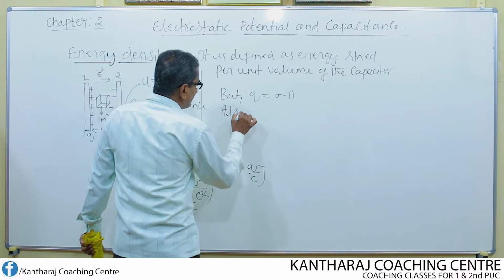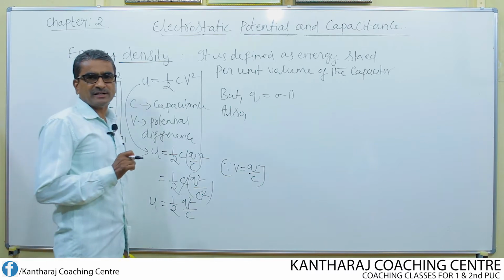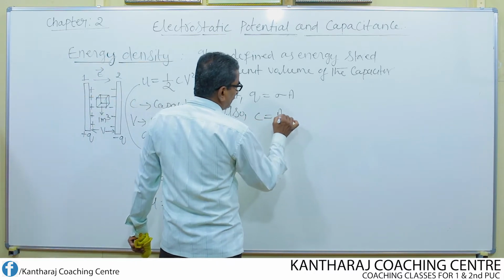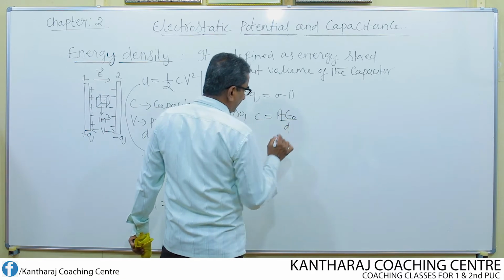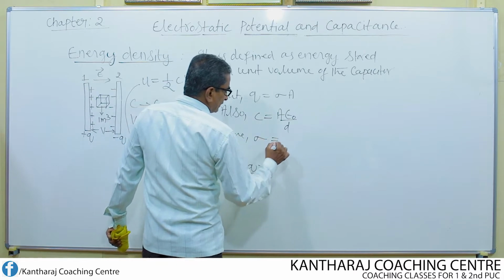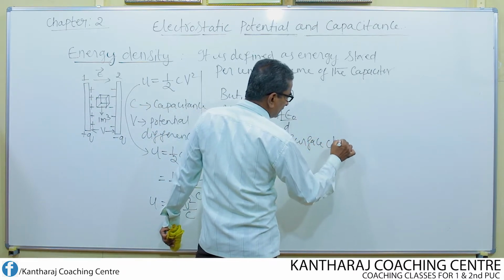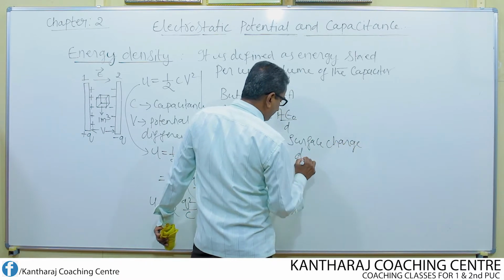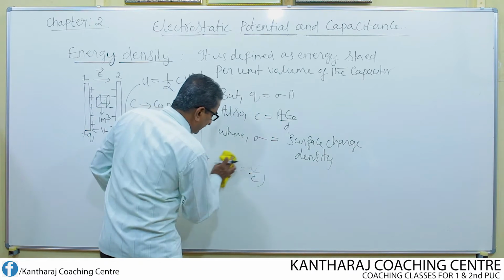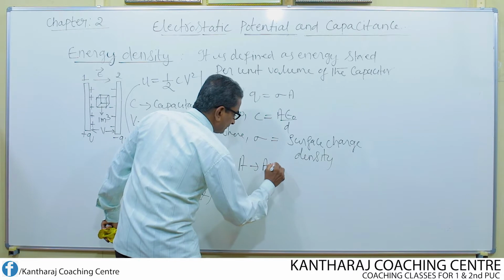Also, for a parallel plate capacitor, the expression for the capacitance is given by C equal to A epsilon naught by D. Where sigma is known as surface charge density, and A is the area of each plate.